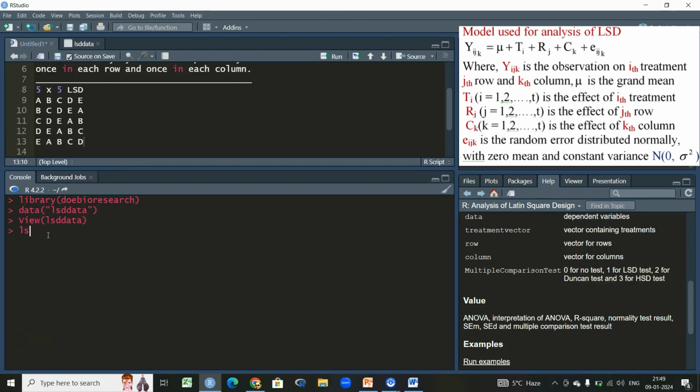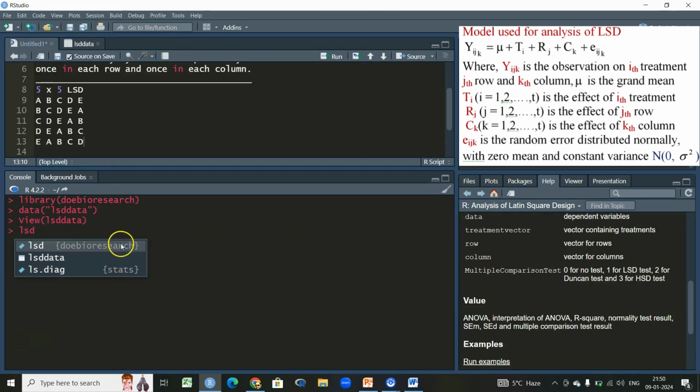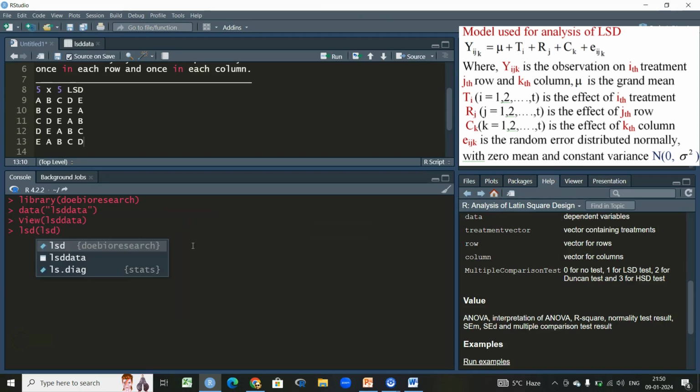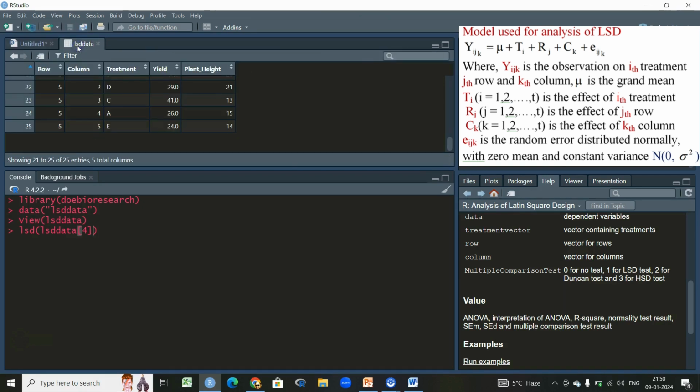To proceed, I will write the function lsd, which gives us an output of analysis of variance along with a multiple comparison test for the means. Then I will write lsddata, the name of the data, with square brackets and 4 here because I'm interested in the analysis of yield. If I'm interested in the analysis of plant height, I will write 5 here.